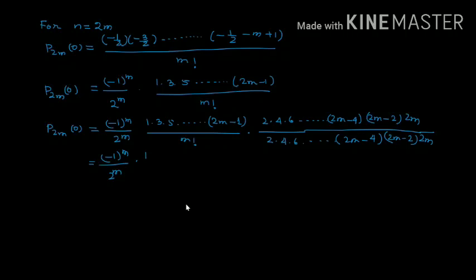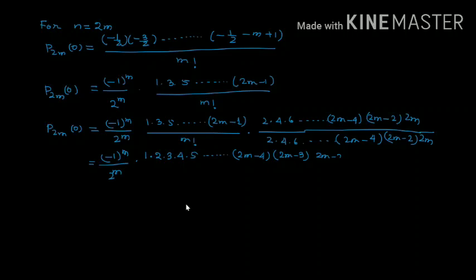Now we write 1 into 2 into 3 into 4 into 5, then 2m minus 4 into 2m minus 3. Here there is also 2m minus 3. 1, 3, 5, 2m minus 3 into 2m minus 1.